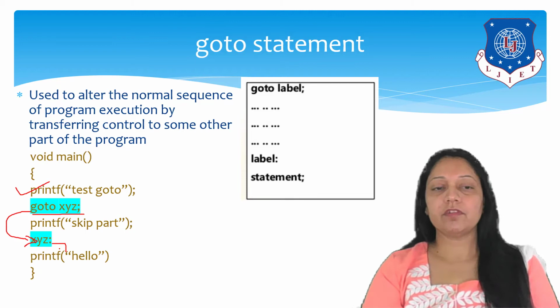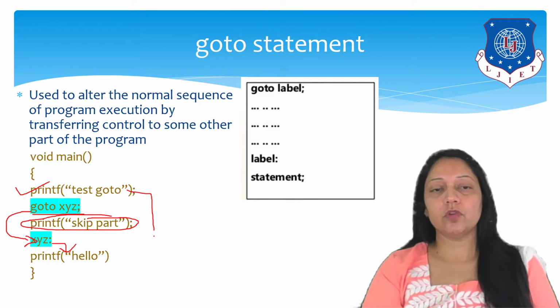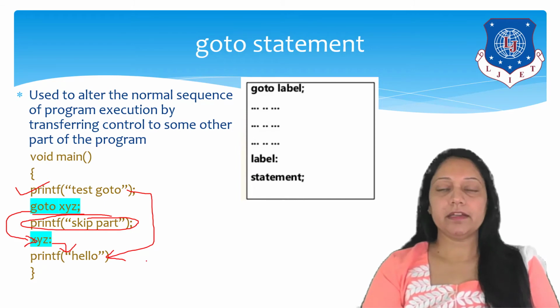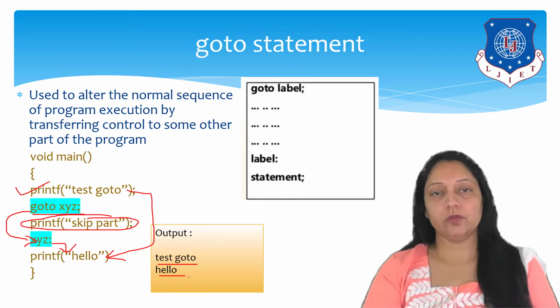After the label, whatever statement is mentioned is executed. So printf hello would be displayed. It means printf skip part would be skipped by the compiler. Directly after test goto, hello would be printed onto the screen. So the final output of your program would be test goto and then hello.